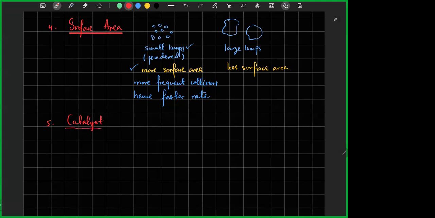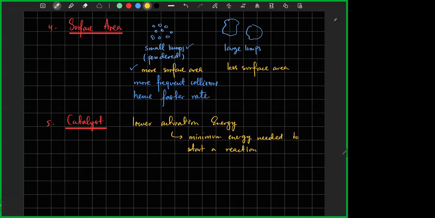First thing is we need to know what the catalyst does. It lowers the activation energy. What is the activation energy? It is the energy that is needed at the start of the reaction, or it's the minimum energy needed to start a reaction.